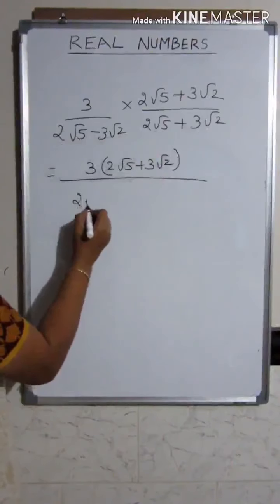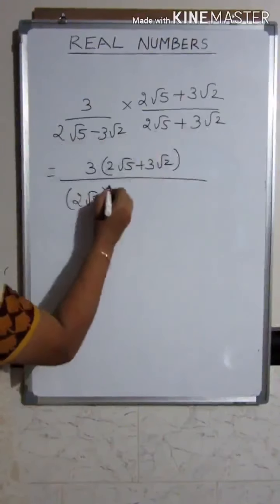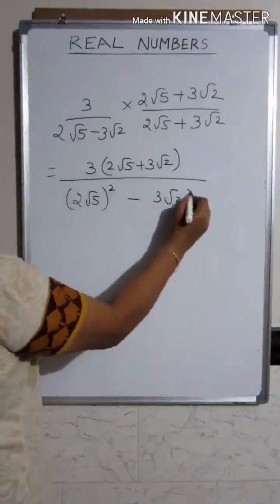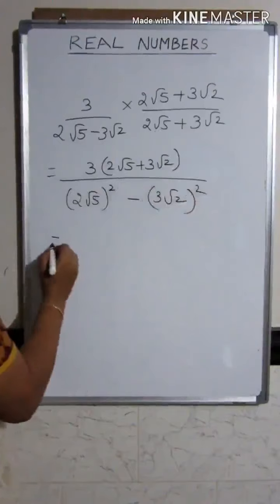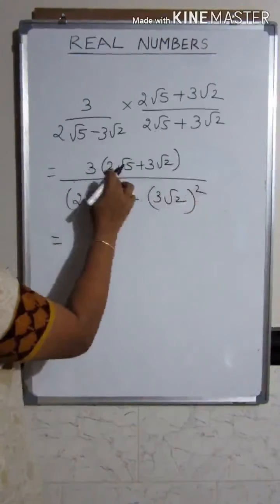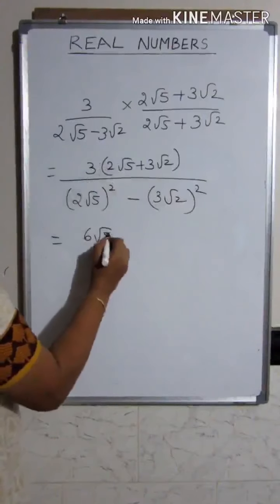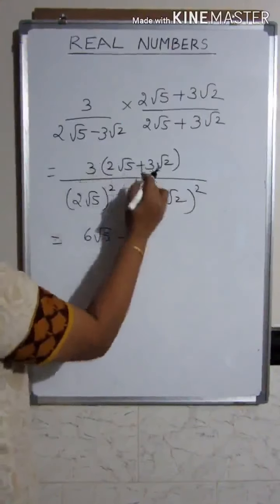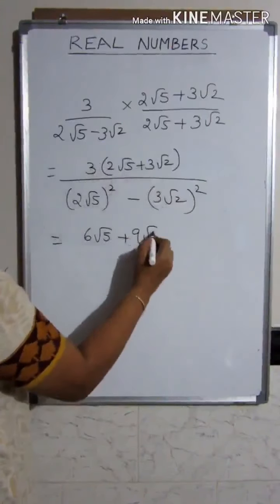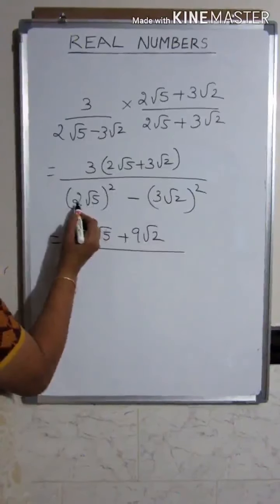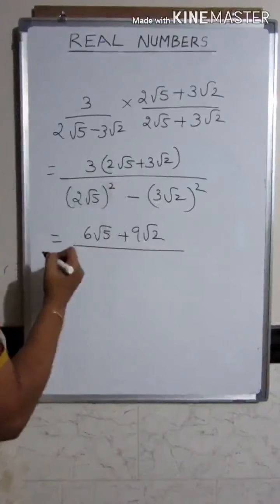So you write this as 2 root 5 whole square, a square minus b square is 3 root 2 whole square. So this can be written as, multiply and open the bracket, 3 into 2 will be 6 root 5 as it is, plus 3 into 3 is 9 root 2. And when you simplify this one, both the terms you have to square it and simplify.